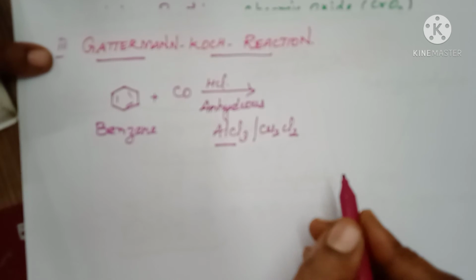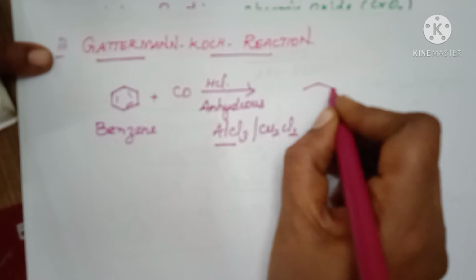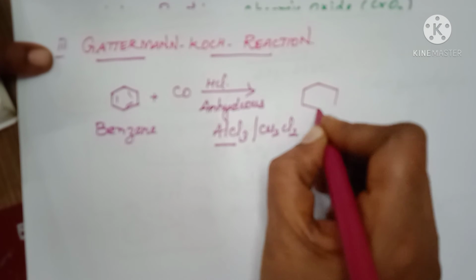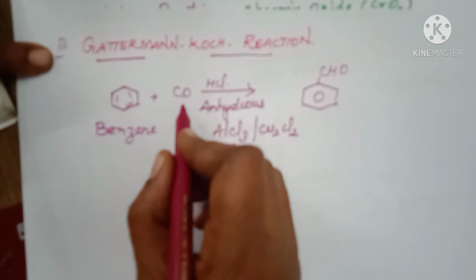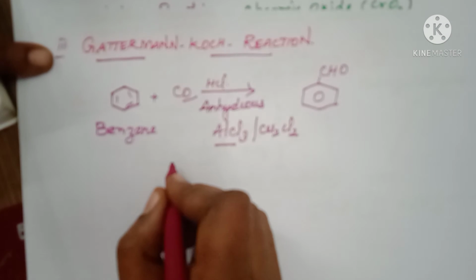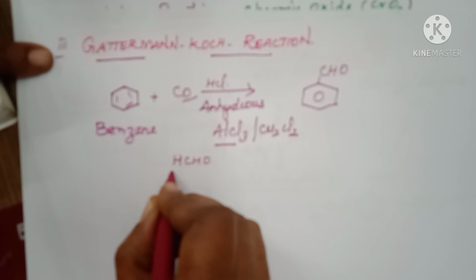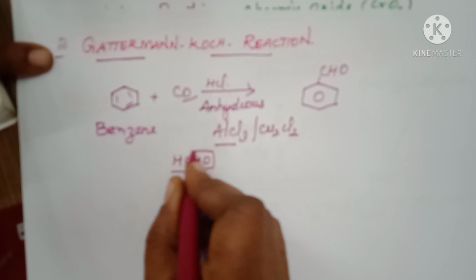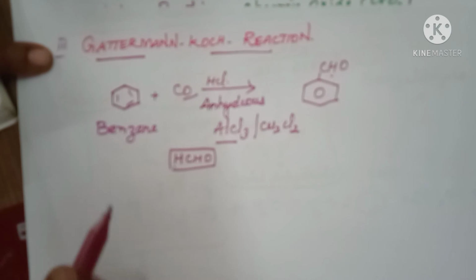In this, we are going to receive benzaldehyde, CHO. What we can write here is formyl chloride, HCHO, which is formaldehyde. From that you are getting this benzaldehyde, by the Gattermann-Koch reaction.